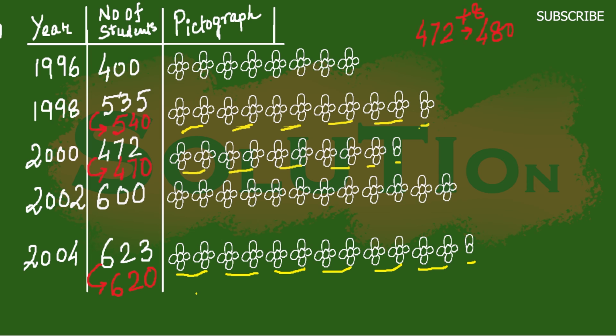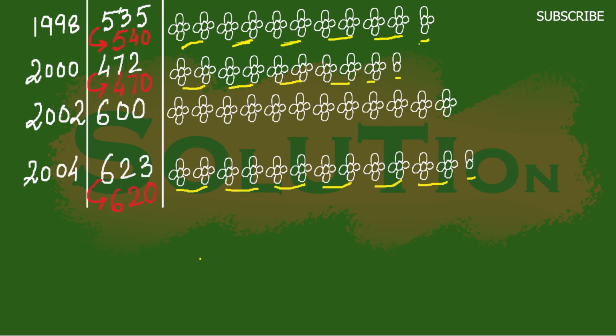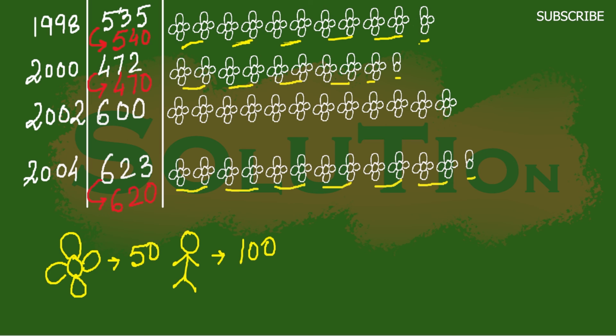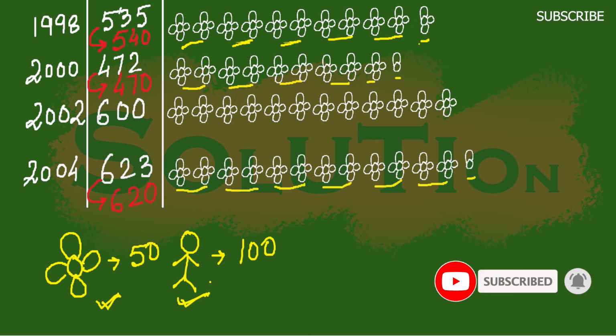Other than that, in the pictograph where I have represented the human being and taken 100, I have taken the symbol to represent 100. It is not that accurate because I have added more data. But where I have taken the symbol to represent 50, the representation of the graph is more accurate than the symbol which represents 100.